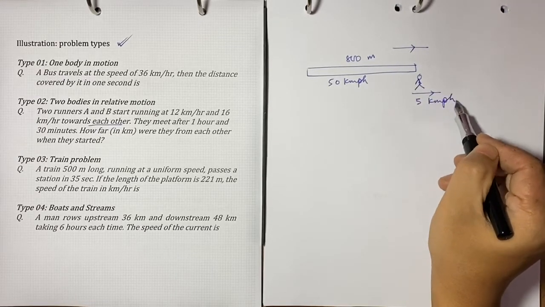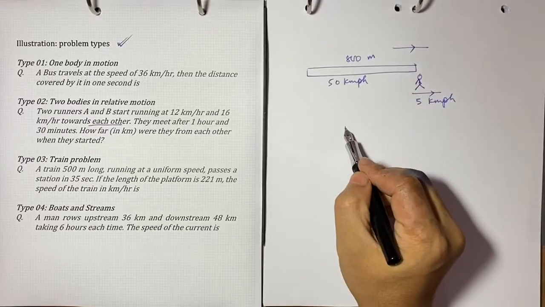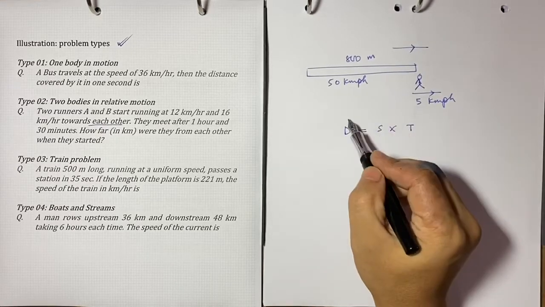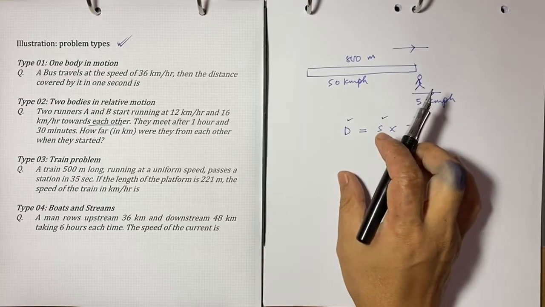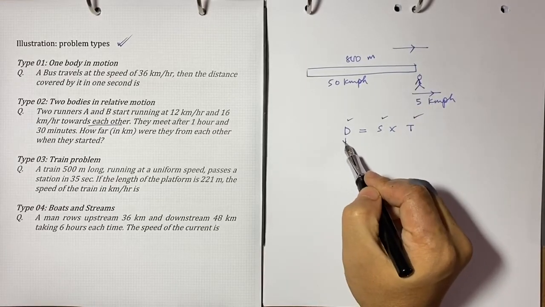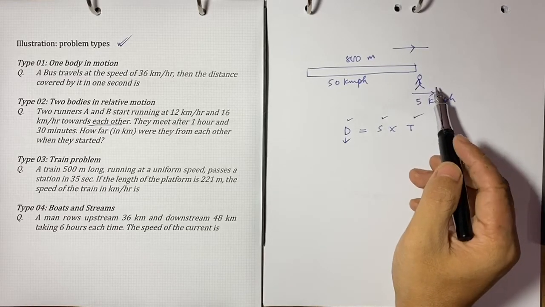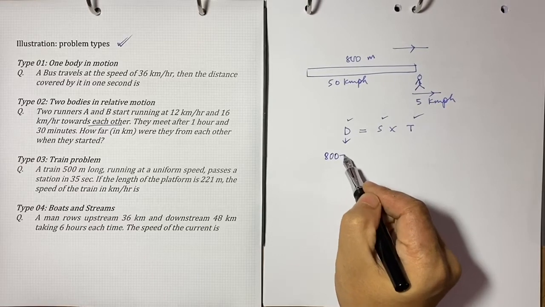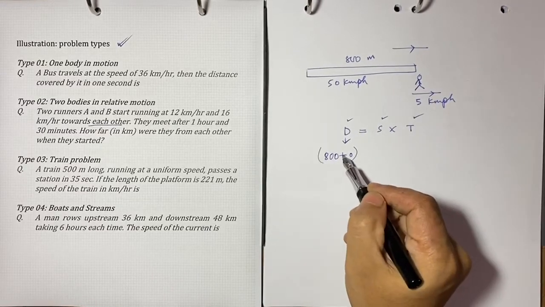In this problem it is just the formula distance equals speed into time. Distance is the length of the train plus the length of the object, so 800 plus 0.